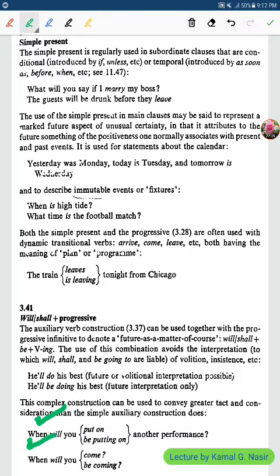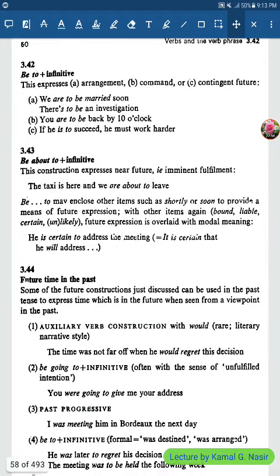When will you be putting on? We have to put be. When will you come? When will you be coming? So we cannot use the ing or progressive form directly after will and shall unless there is be between them.